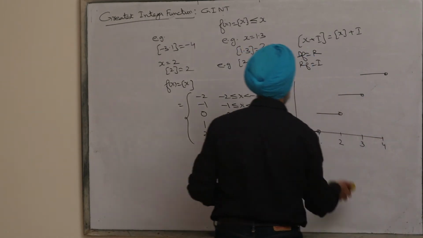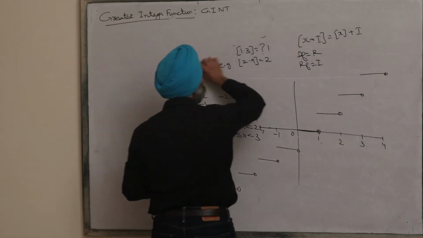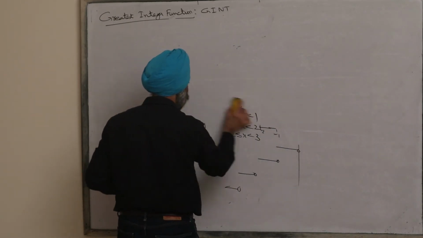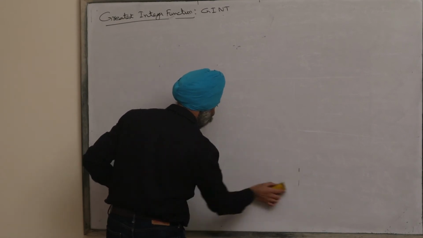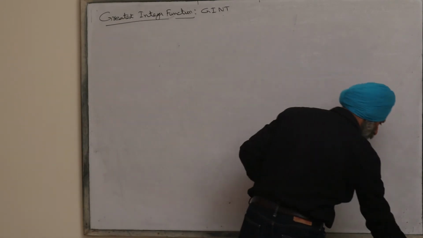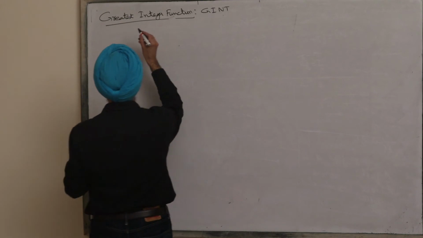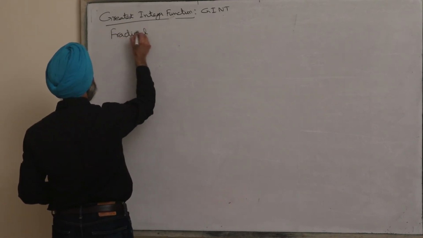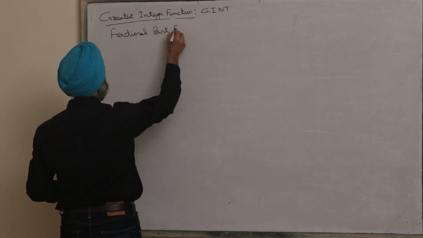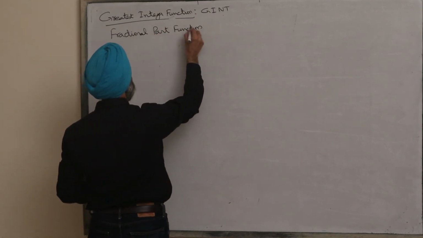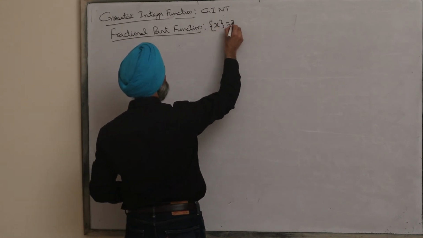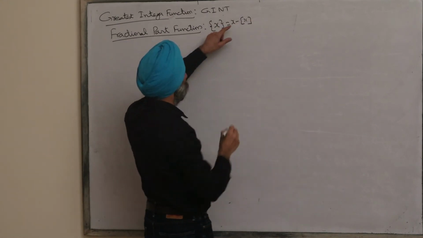Now next is the fractional part function. x written in the curly bracket is called the fractional part function, and how do we define it?